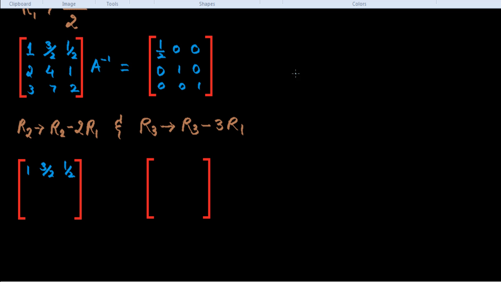This you see here I write this thing: R2 tends to R2 minus 2R1. For this element here you see R2 is 2 and 2, R1 is 1, so it is 0 now. So we get here 0.